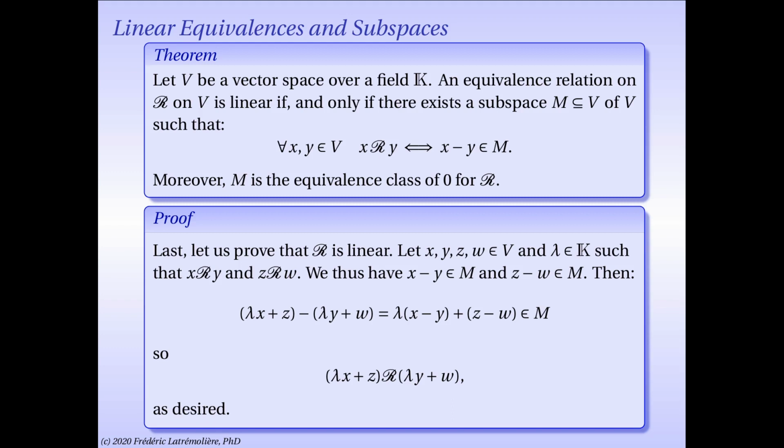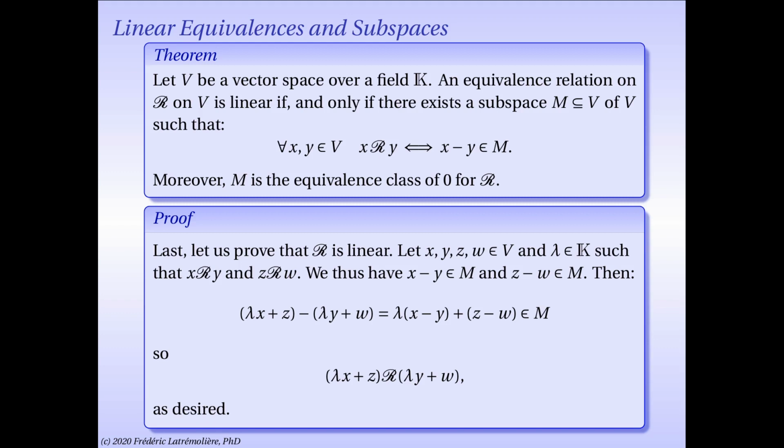Then we calculate lambda x plus z minus lambda y plus w, which, by reorganizing the terms, is lambda times x minus y plus z minus w. So we recognize here a linear combination of two vectors in M. Therefore, as M is a subspace, this is an element of the subspace M again, which means by definition that lambda x plus z is indeed equivalent to lambda y plus w, as we desired. This proves that we have indeed defined a linear equivalence relation.